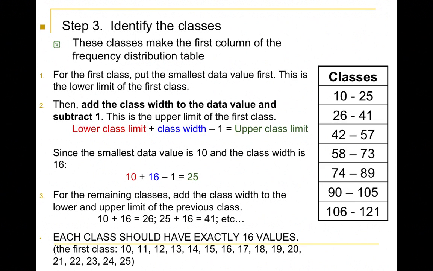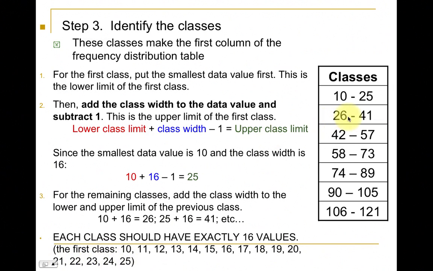So for example, the first class, which goes from 10 to 25, if you list all the numbers from 10 to 25, 10, 11, 12, 13, all the way to 25, and you count how many values this is, it should have a size of 16, and it does. So 1, 2, 3, 4, 5, 6, 7, 8, 9, 10, 11, 12, 13, 14, 15, 16.